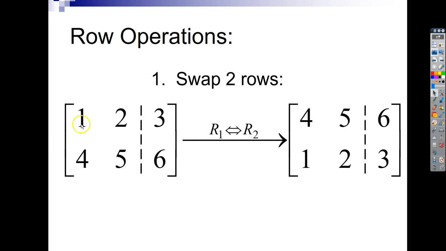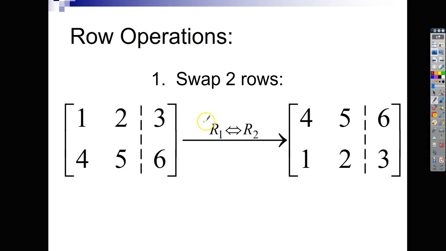And if you notice here, here's a row and here's a row. This is row 1, right here. This is row 2. And it says to swap row 1 and row 2. That's what this symbol right here means, is to swap. And so we just put row 1 on bottom and row 2 on top.